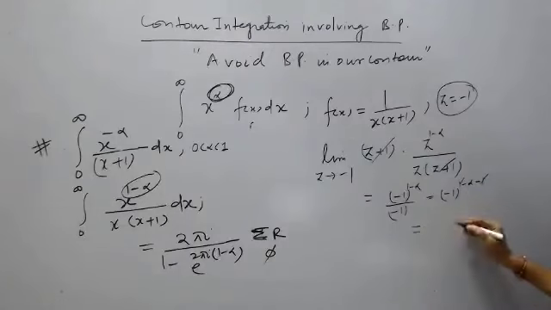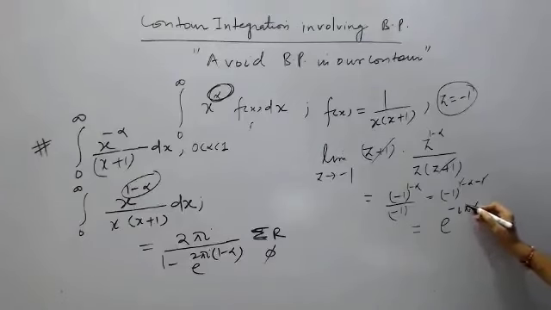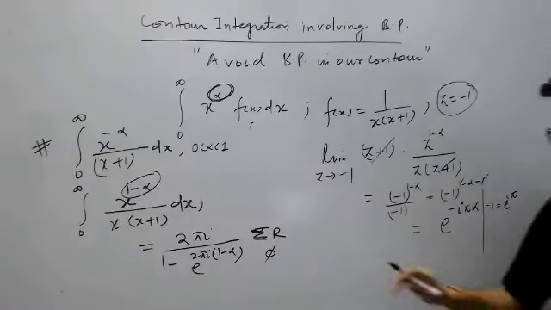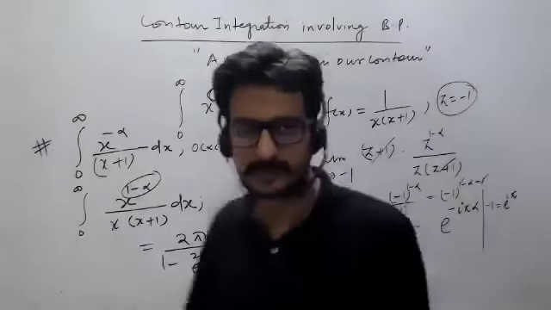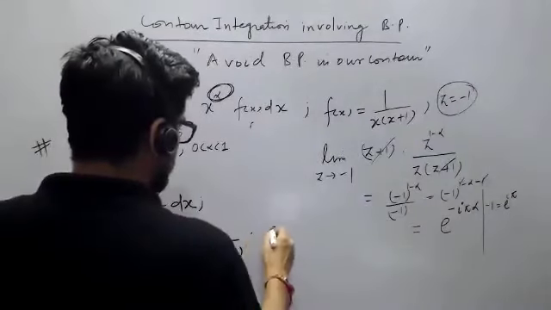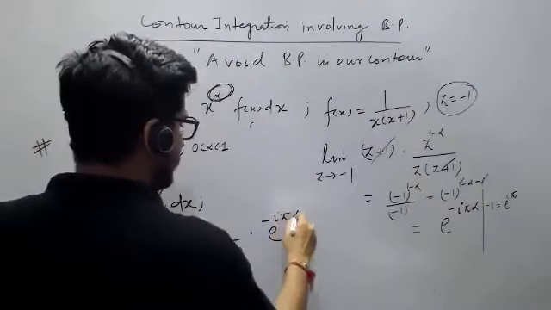So this will become e to the power minus I pi alpha. Please see this. Because minus 1 is e to the power I pi. So this will become 2 pi I into e to the power minus I pi alpha.